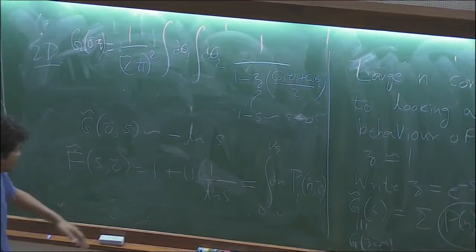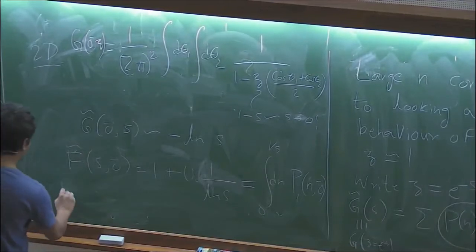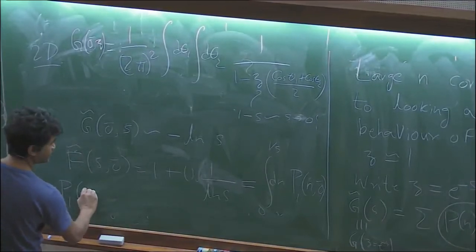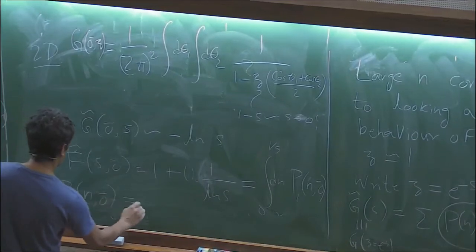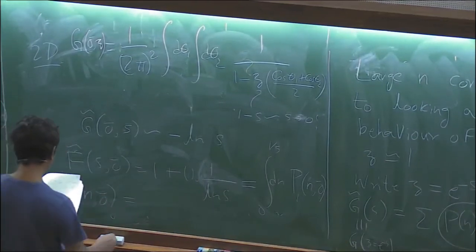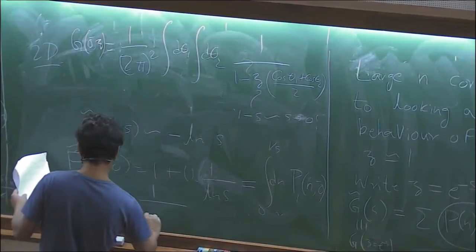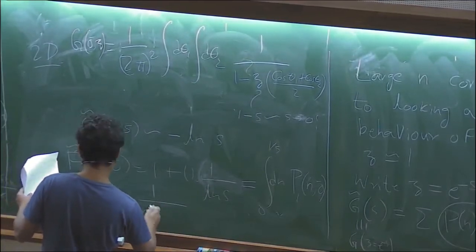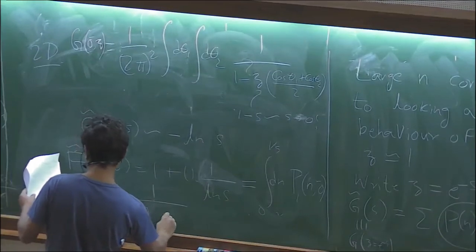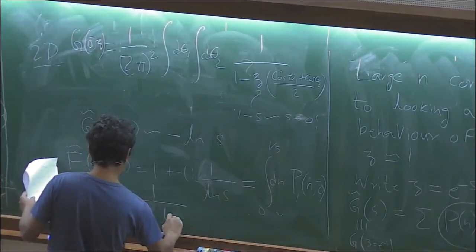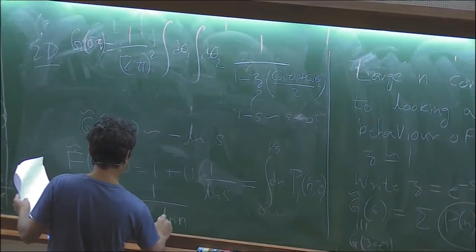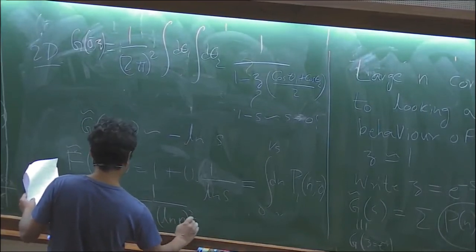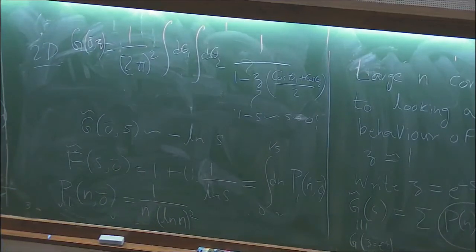Okay, so if you do that, you get P1, and now P1 is equal to, right, okay. So this is the probability of return to the origin in time n in 2 dimensions.